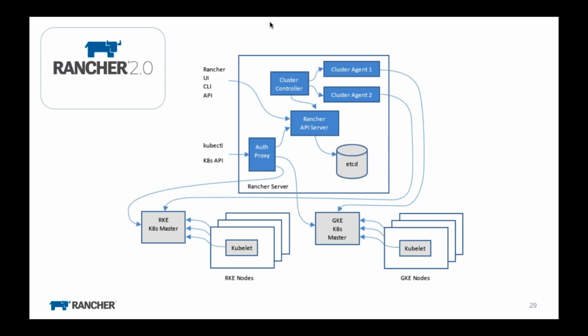The big difference now is that the Rancher components themselves are running in a small Kubernetes cluster. We also dropped the MySQL database, and instead we are using etcd, or rather the Kubernetes API, as our data store for our components.